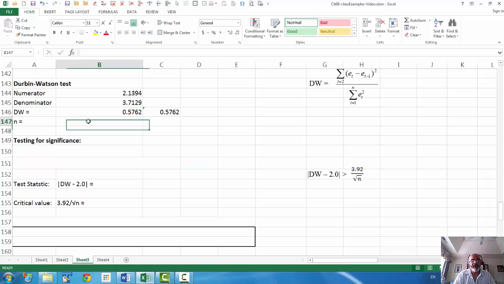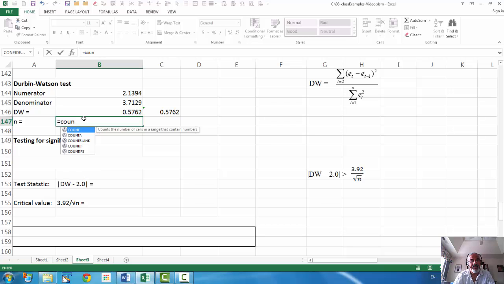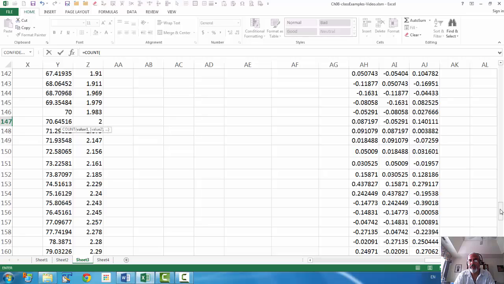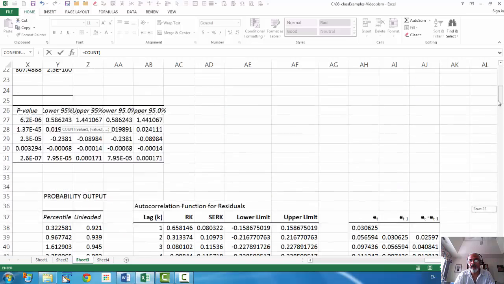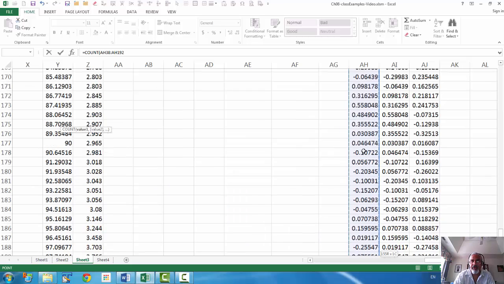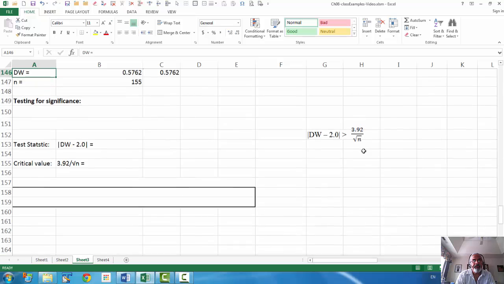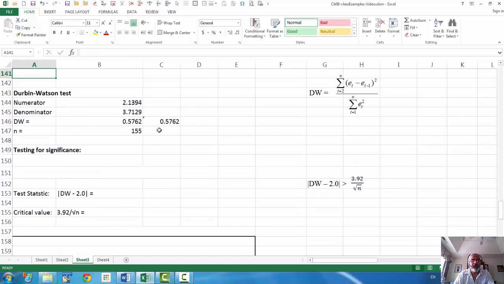Now let's look at the number of errors. We'll need this for doing the test. So count the number of errors we started out with, e sub t. How many e sub t's do we have? That is our n.